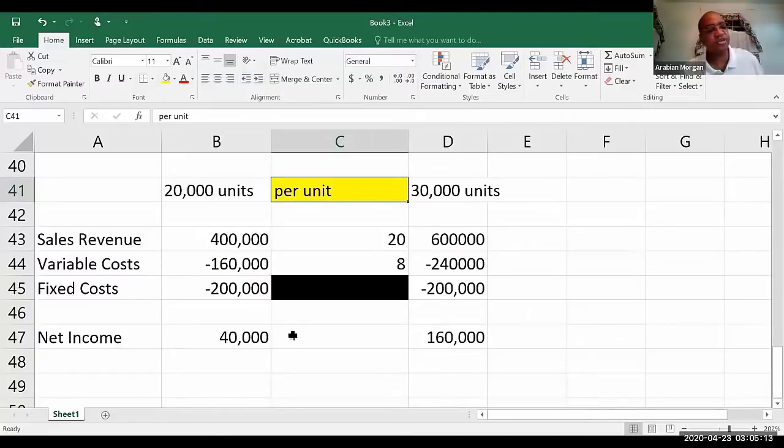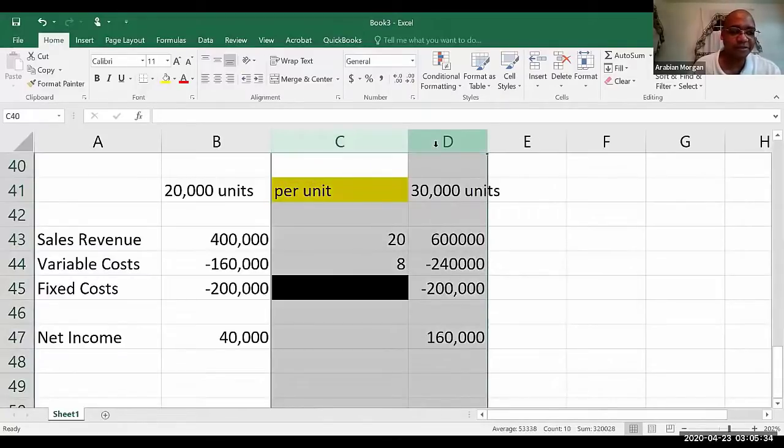It's indicating to us that the production amount that gave us the sales revenue and the variable costs was 20,000 units. So we are using it in this example.